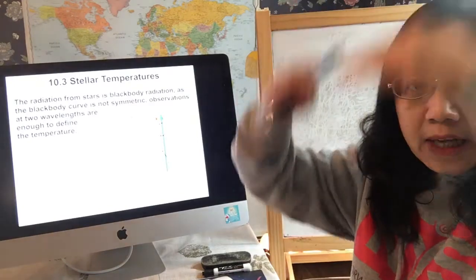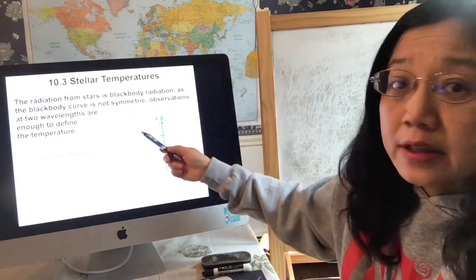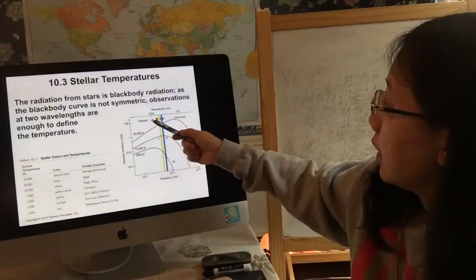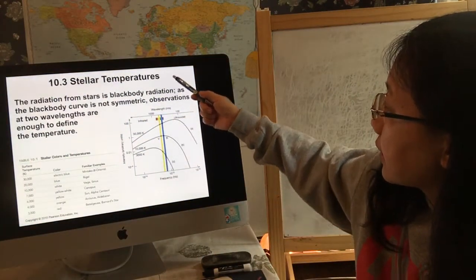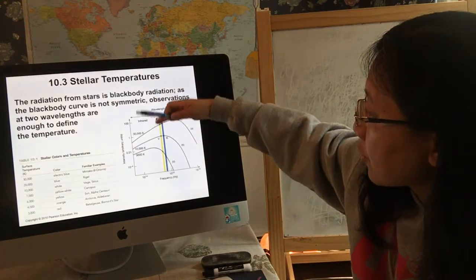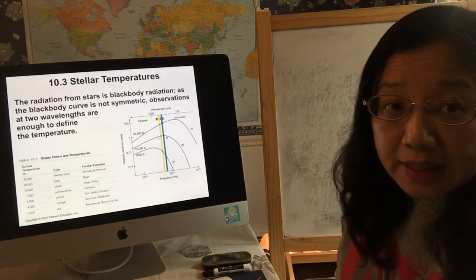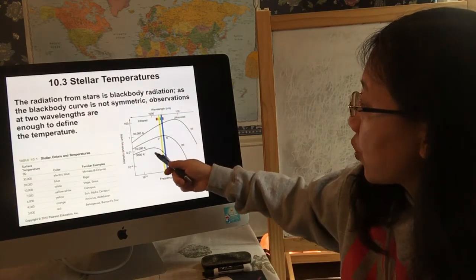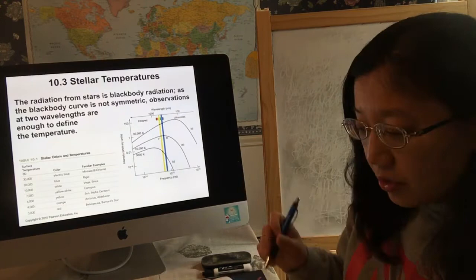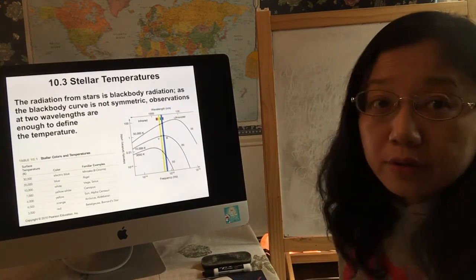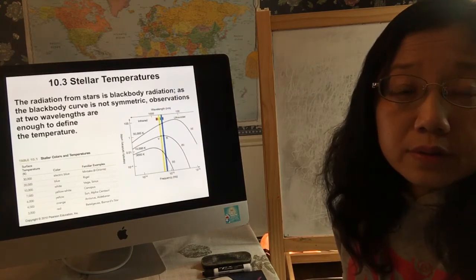If you look at the screen over here, you're looking at how high the peak is, or overall how high the curve is going to tell you the energy output. And the second thing is where the peak is located. It's going to tell you the star's temperature or the color of the star.